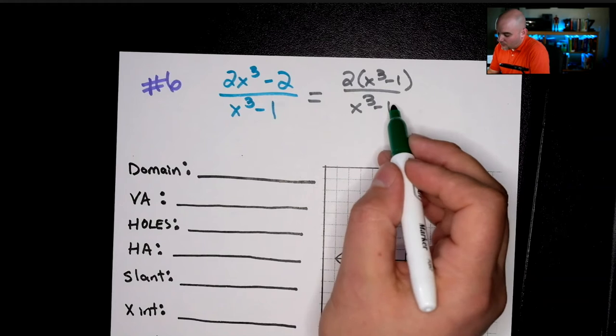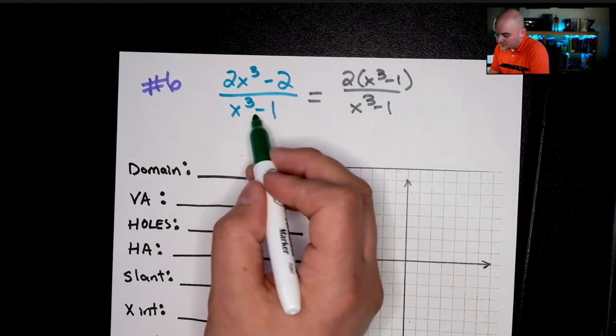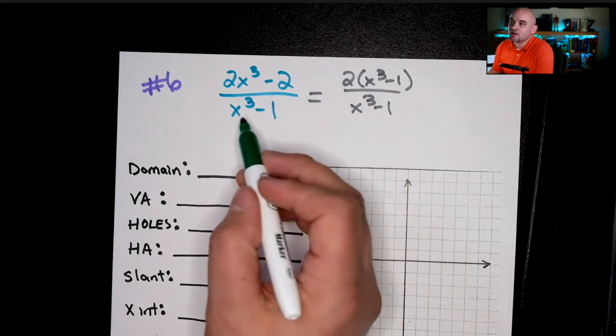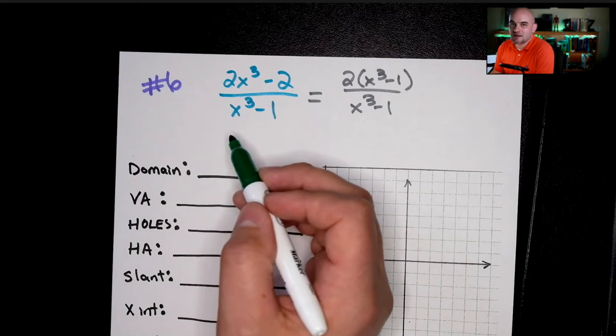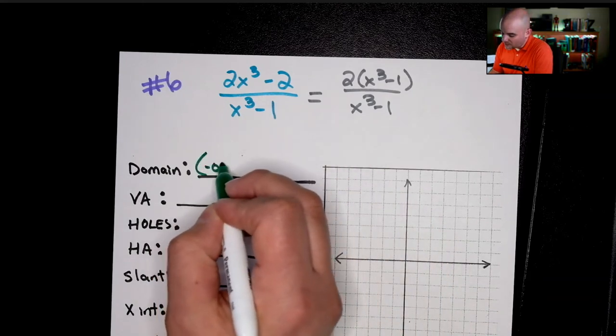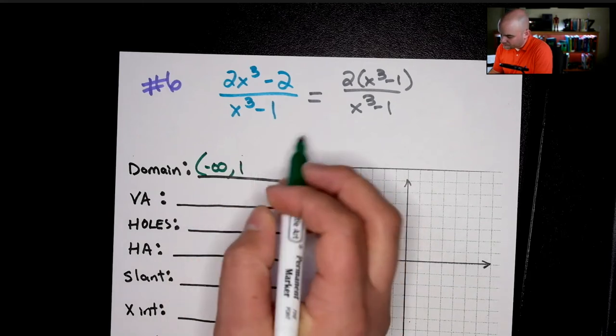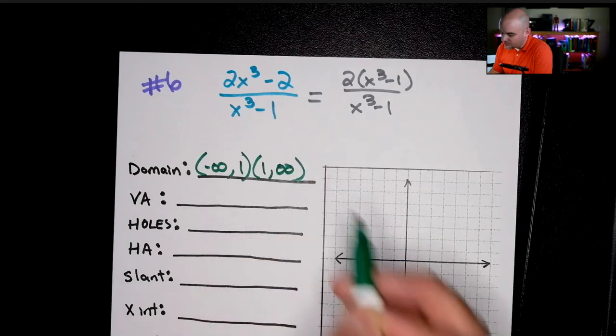I'm going to throw out 1 because it makes the denominator 0. Notice 1 cubed gives me 1, and 1 minus 1 is 0. Negative 1 doesn't do that to me because negative 1 cubed is negative 1, and negative 1 minus 1 is negative 2. So we go from negative infinity up to 1, skip over 1, and then go to infinity.